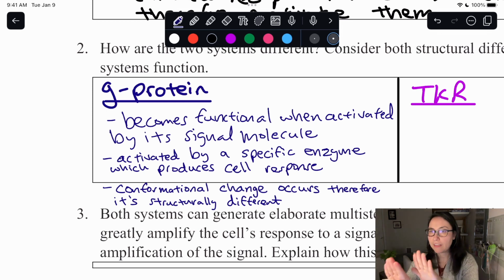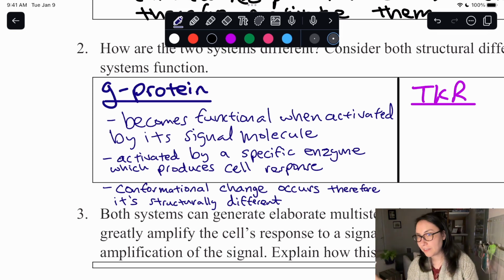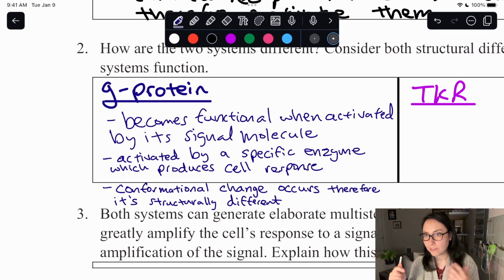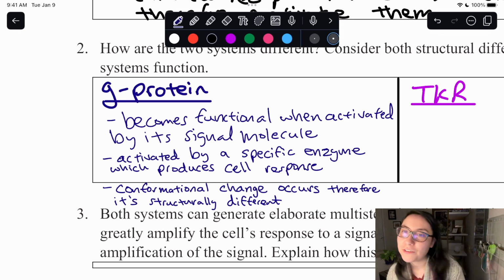So if they're eclipsed, that means their bonds are too close to each other and therefore they're not happy. Or if they're staggered and far away from each other, that changes how you rotate around the bond itself. That takes a lot of looking at things in 3D, and it's a little complicated, but the more you do it, the easier it gets.